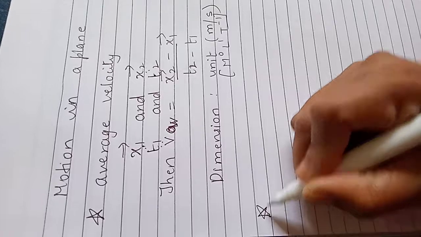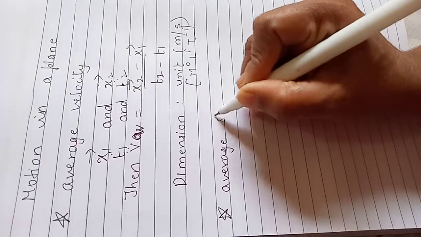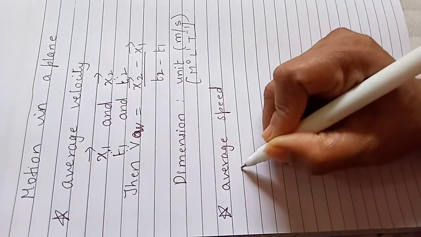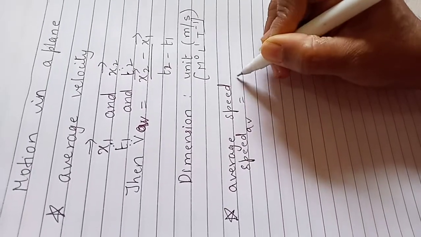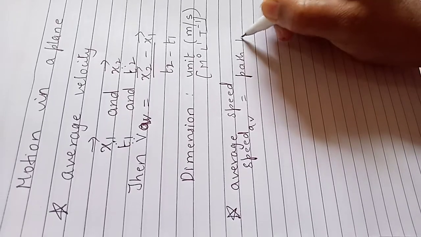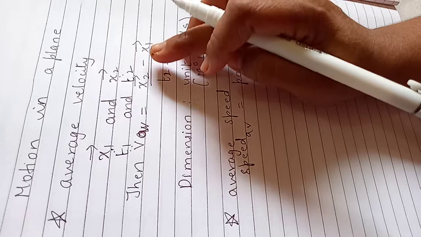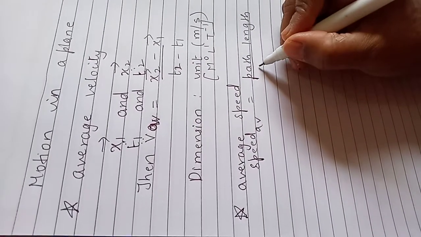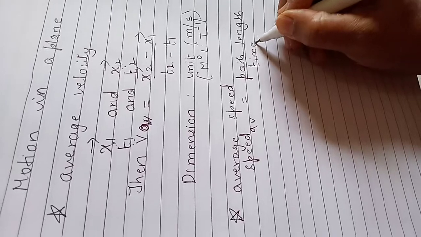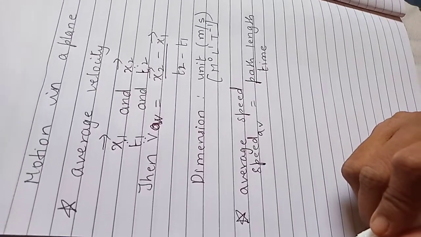Then we have something called average speed. Speed average is equal to the total path length, that is the total distance covered. Here this is displacement, that is the minimum distance. Total path length is the total distance covered divided by the time interval required for the distance to get covered, that is the average speed.